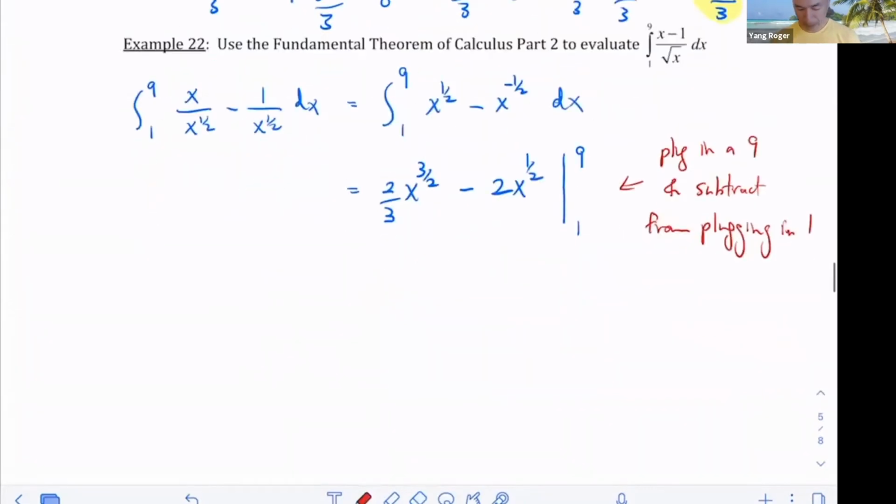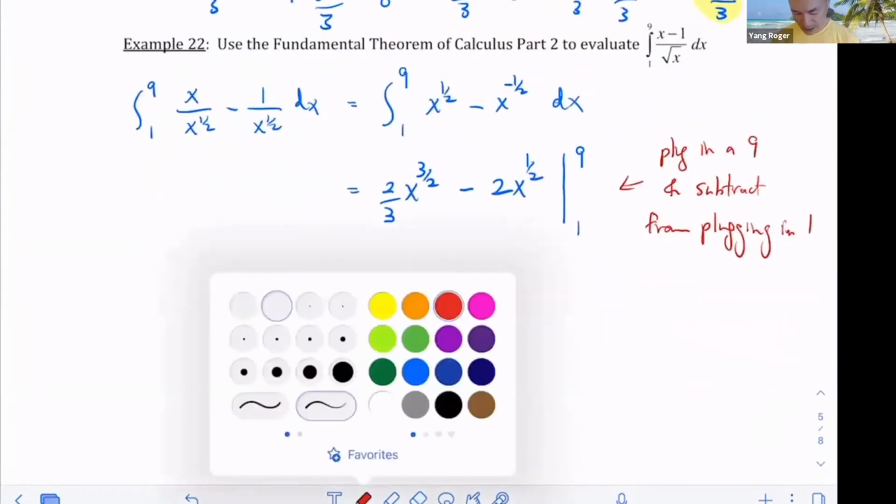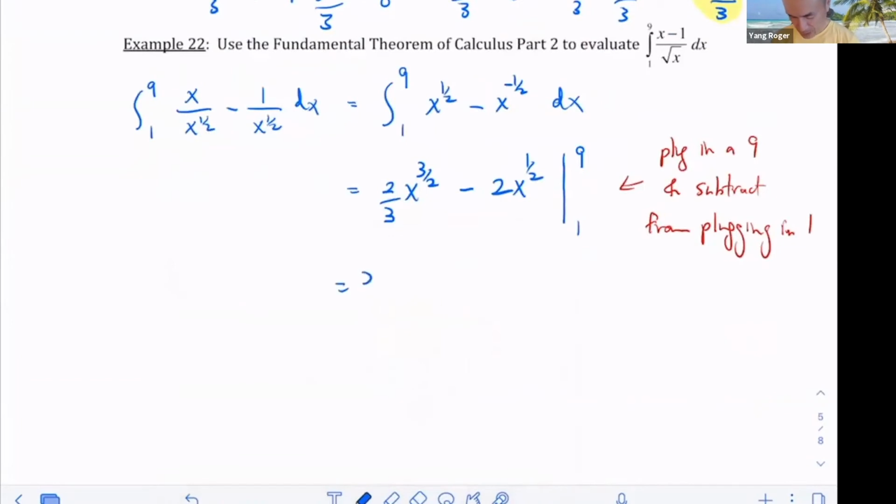So for us, that's going to look like this. You're going to have 2/3 times 9 to the 3/2 minus 2 times 9 to the 1/2. And then we're going to subtract away what we get. I'm going to put parentheses here: 2/3 times 1 to the 3/2 minus 2 times 1 to the 1/2.